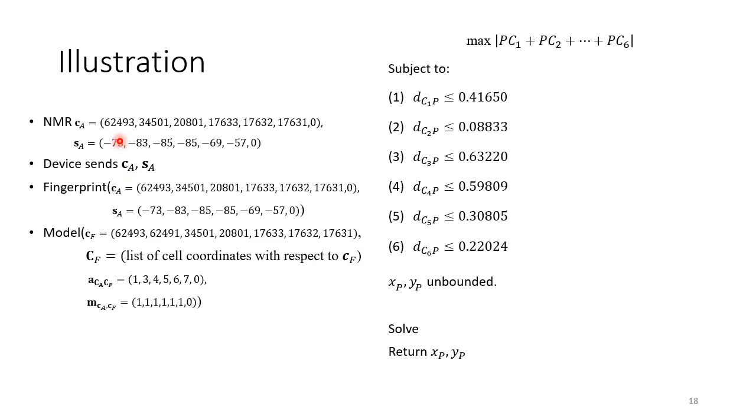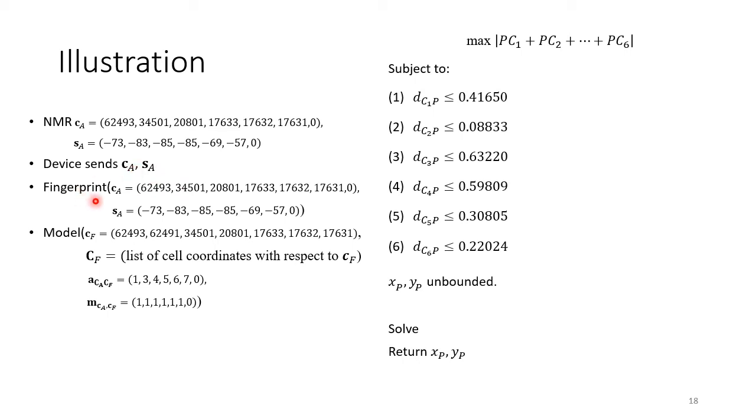Here we give an illustration of how our method works. First, the vectors CA and SA are created from NMR. Then they are sent to the system, which is located in the cloud, where the fingerprint and model are deployed.